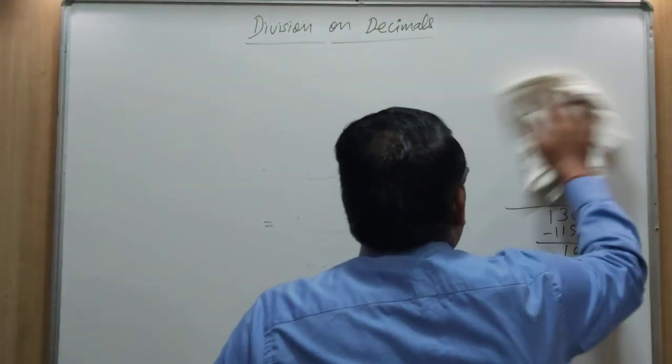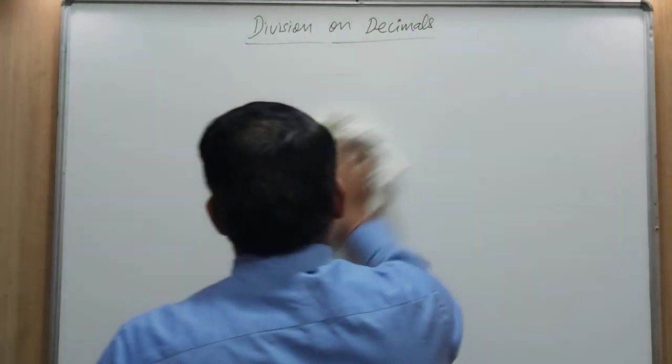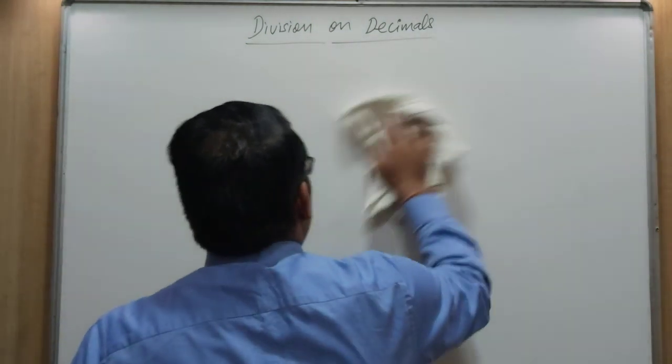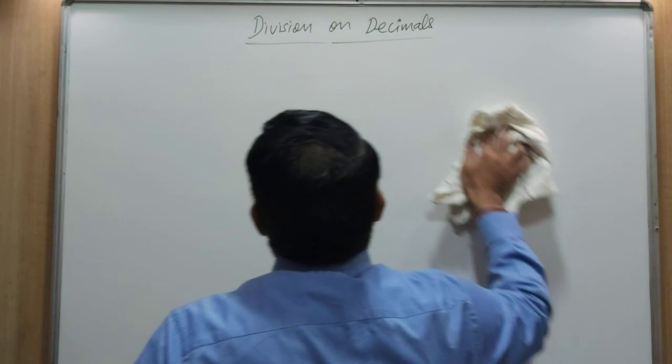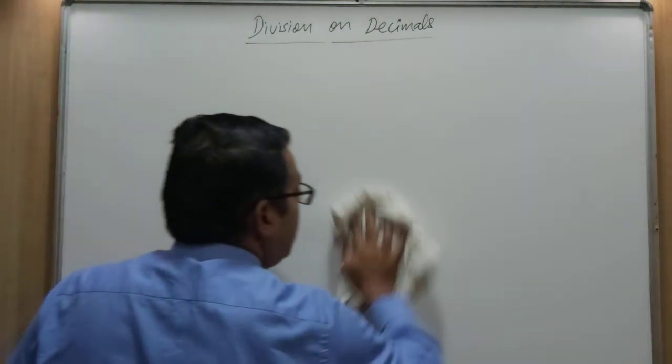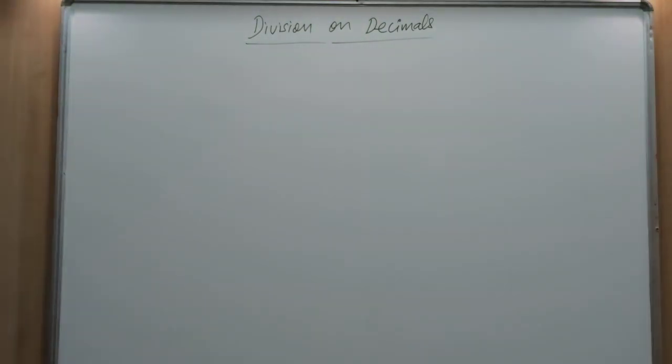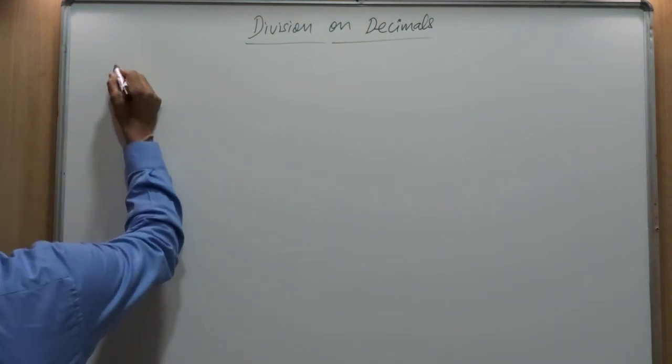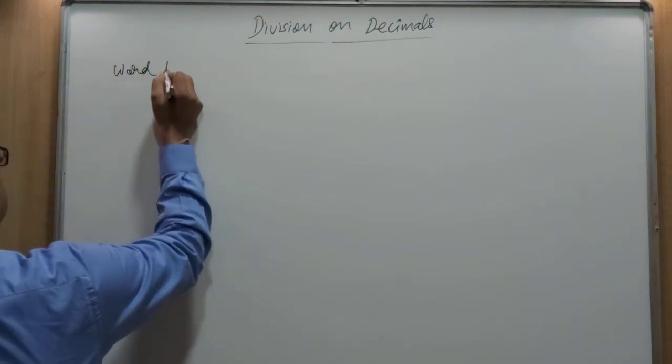Hope you understand this division. Now one word problem I'm taking here to explain how we can solve word problems related to division of decimals. So the question is, this is a word problem actually.